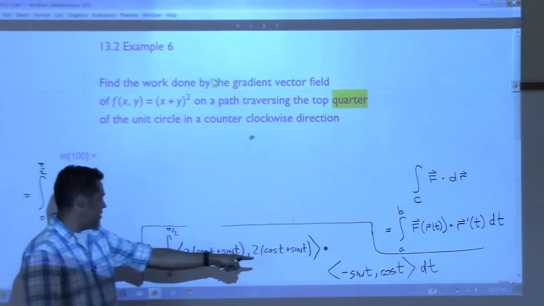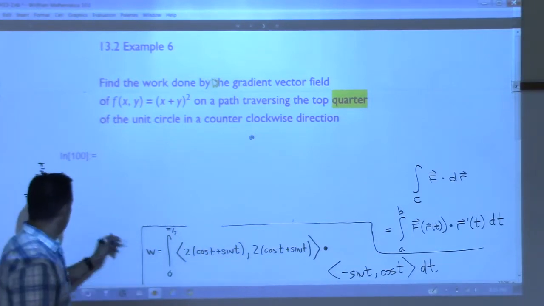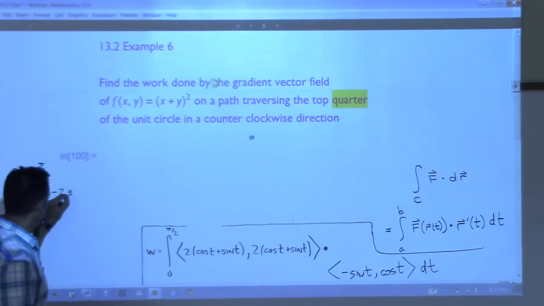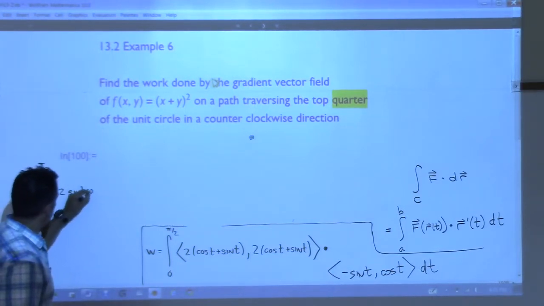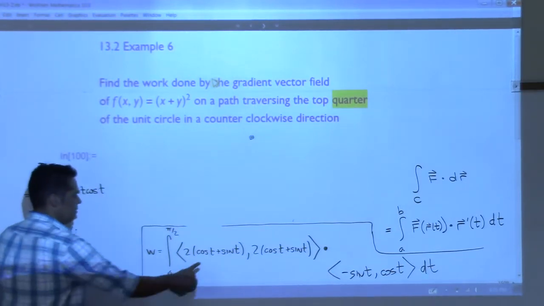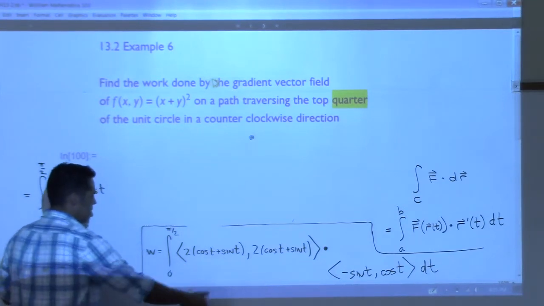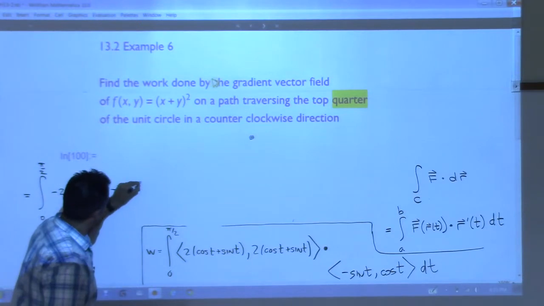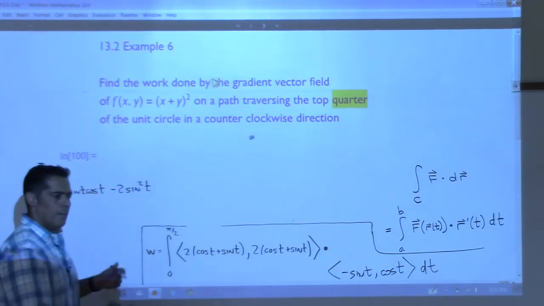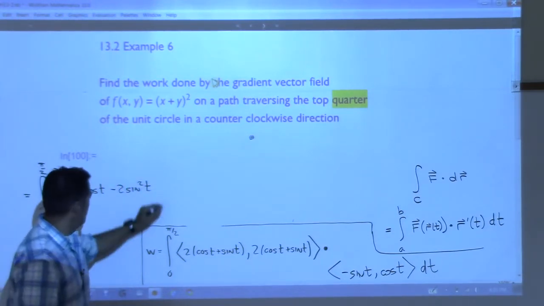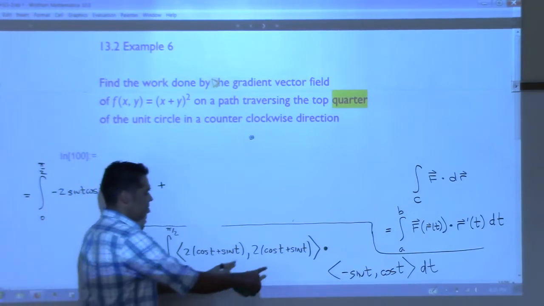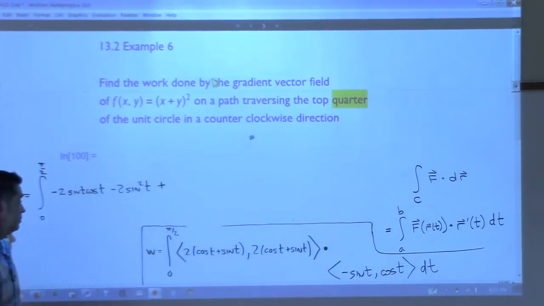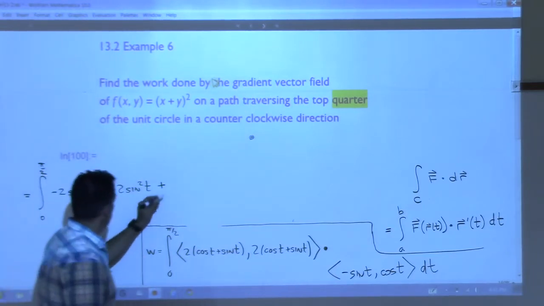It would be 2 times that, which would be negative 2 sine t cosine t. And then the next piece, we have to do it here too, right? So negative 2 sine squared t. Plus, because it's a dot product, right? Plus, and now we go this times this. 2 cosine squared t.